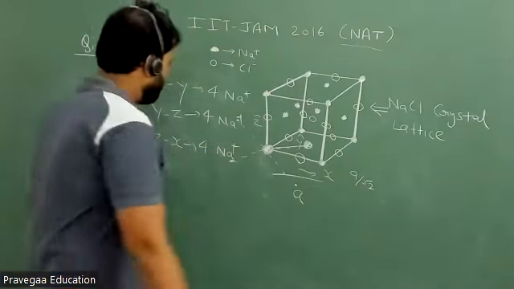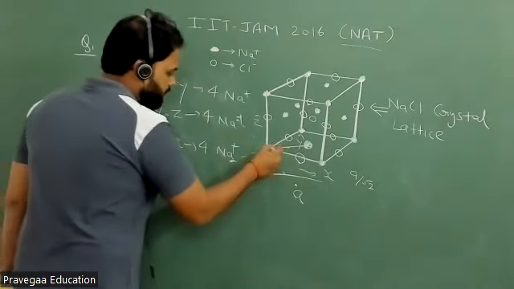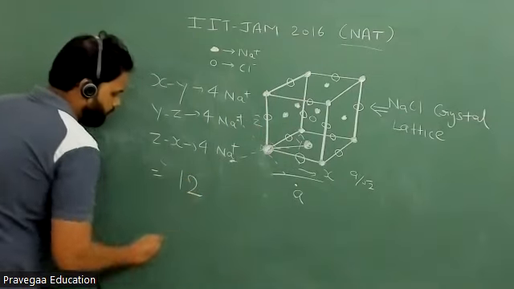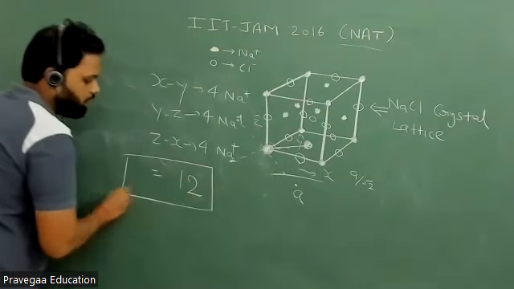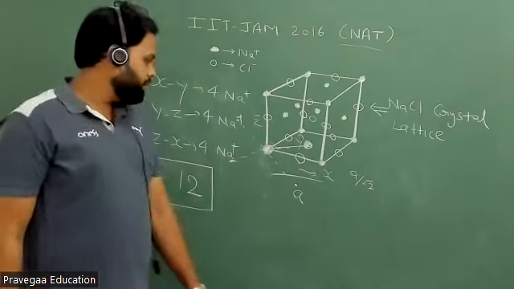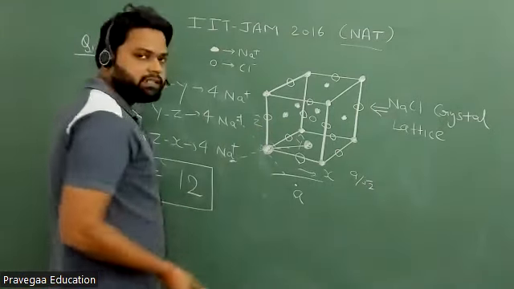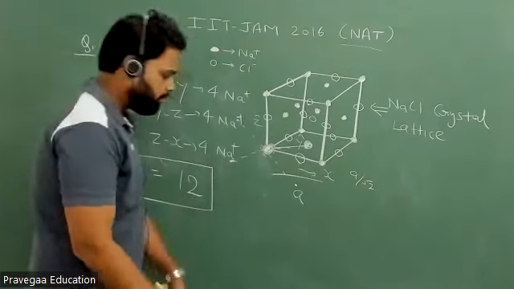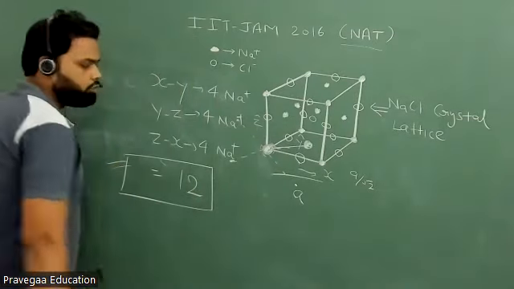So how many Na+ ions are there from this reference Na+? The total is 12. So the answer is 12. The number of second nearest neighbor ions from the Na+ ion is 12.